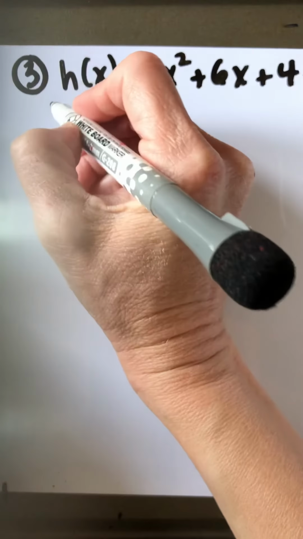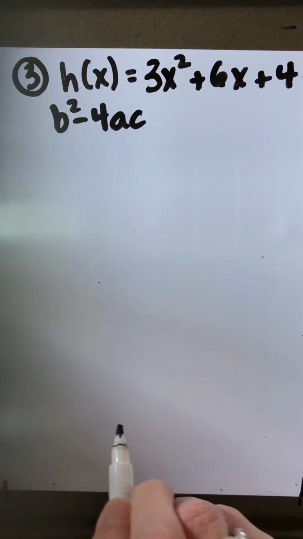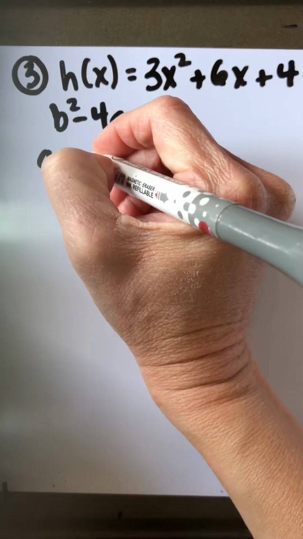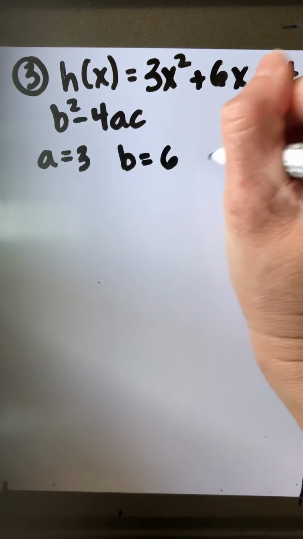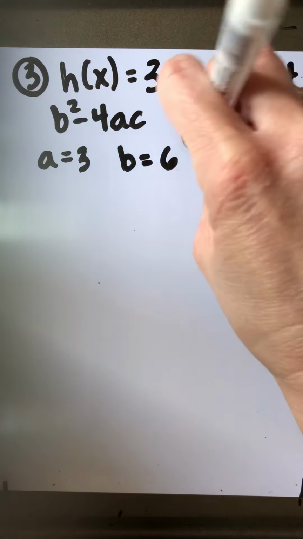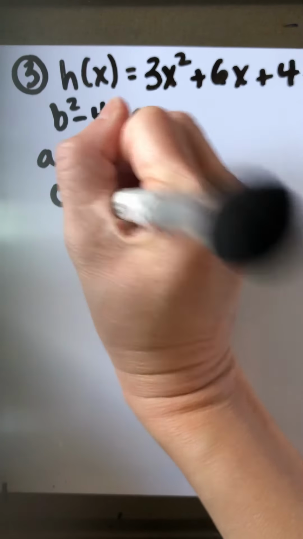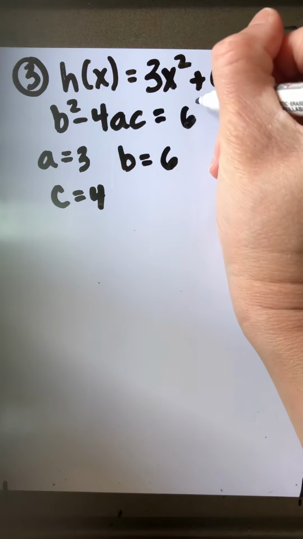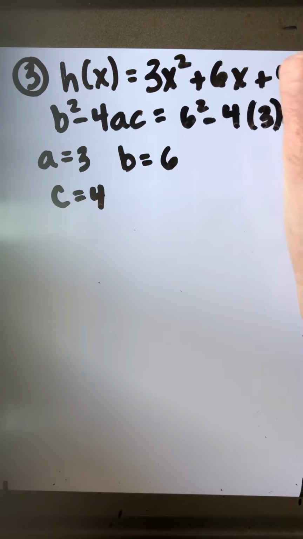So I'm going to take a second and I'm going to calculate my discriminant, b squared minus 4ac. To do that, I'm going to identify that for this particular parabola, a is 3, b is 6, and I'm going to put c down here at the bottom, gives me a little more room to work with, and c is 4. So b squared minus 4ac would be 6 squared minus 4 times 3 times 4.